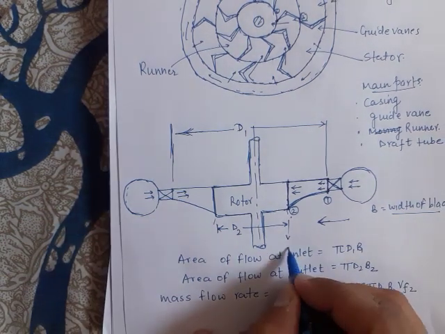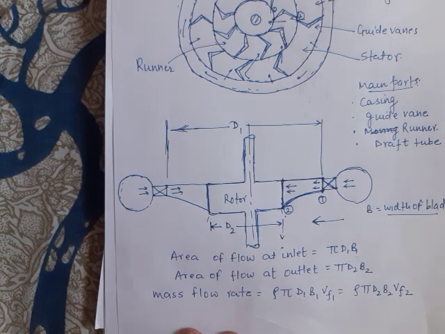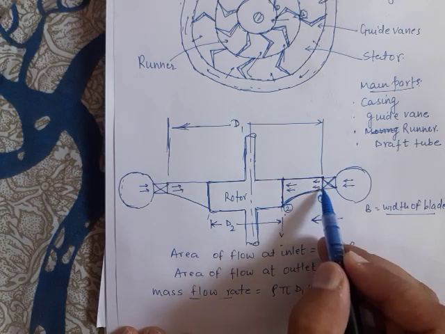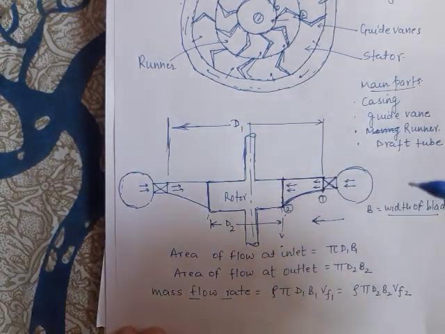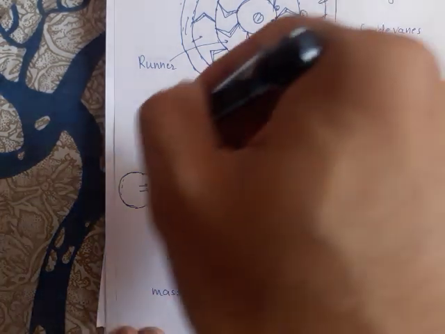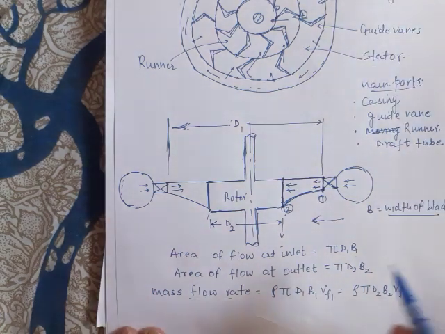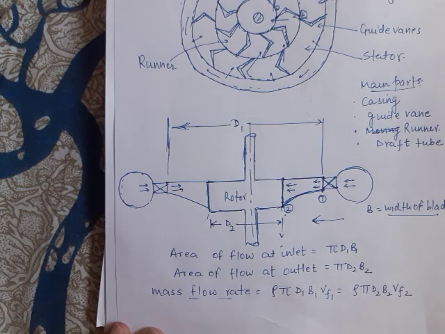Therefore the area of flow at inlet would be pi d1 b1, and the area of flow at outlet will be pi d2 b2. Pi d1 is the circumference and b1 is the width, or thickness, perpendicular to the plane of paper.